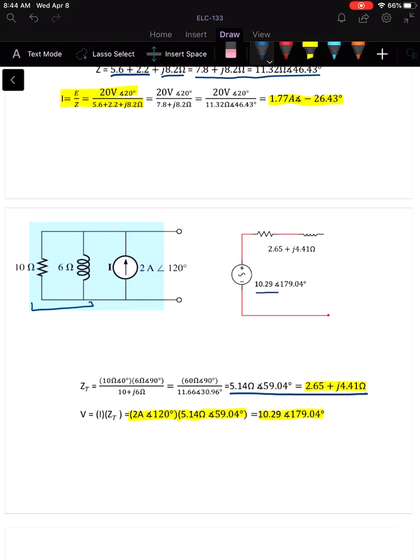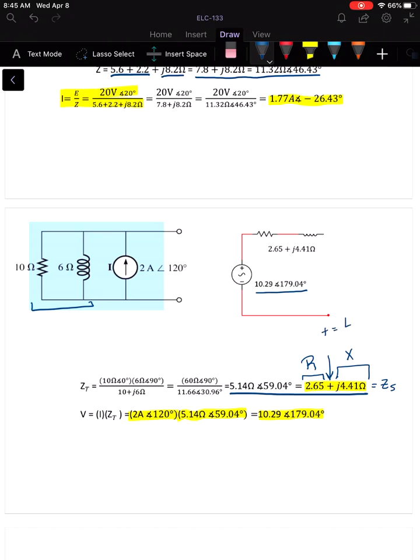Okay, so we are going to redraw our circuit with that voltage source, and our ZT now becomes the series impedance for our voltage source. The reason I like to leave it in rectangular form is because this real component is always the resistance of the circuit, and this imaginary portion is always the reactive portion.